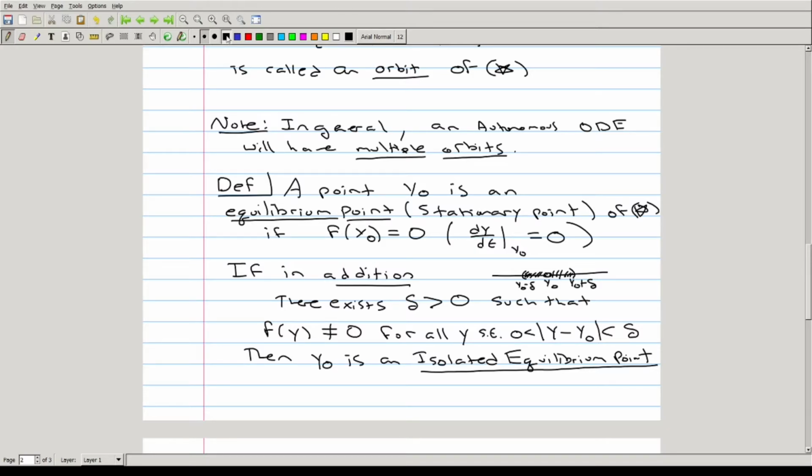And this will be a very important idea. So what we're going to see is that we can qualitatively classify the behavior of differential equations by finding these equilibrium points and then determining how the solution should behave around the equilibrium points.